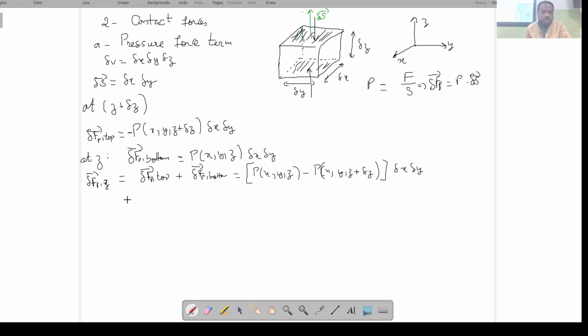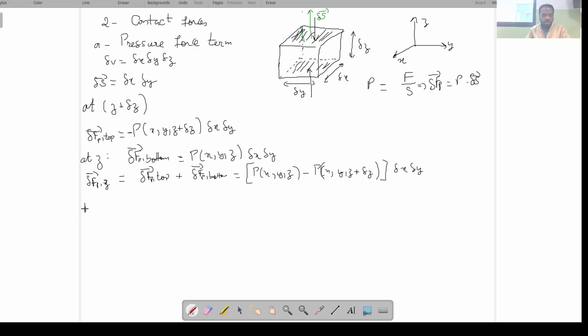Since delta Z is very small, we're going to expand the pressure evaluated at X, Y, Z plus delta Z using a first order Taylor series.